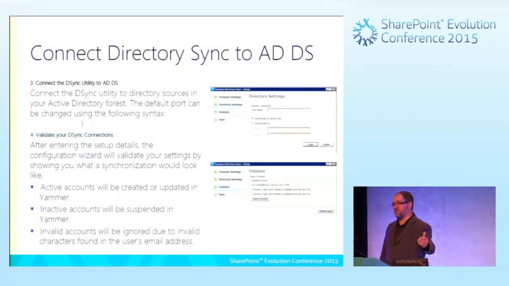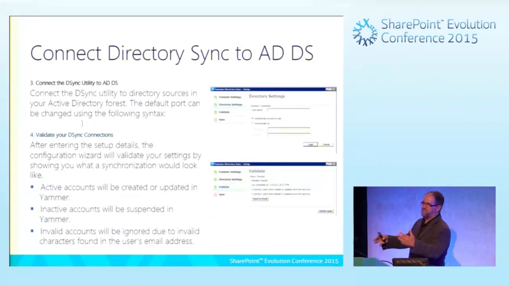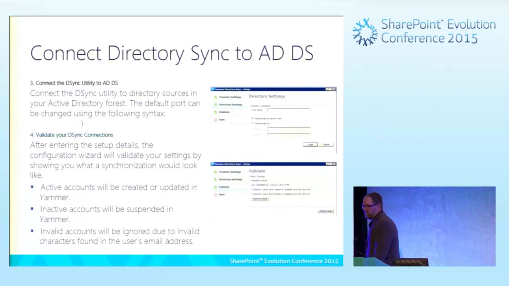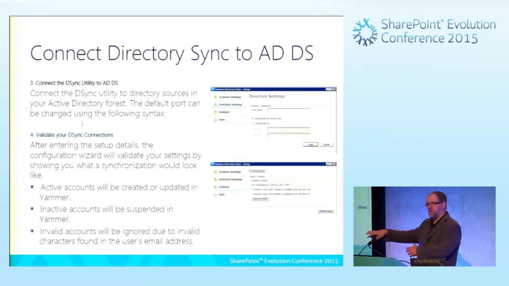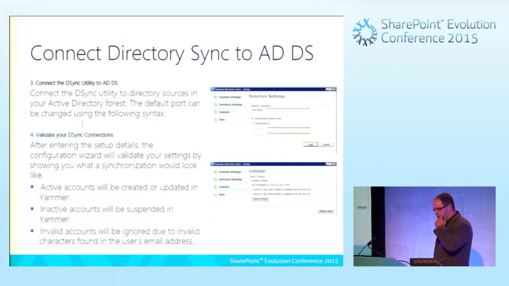It just needs to be able to read users' email and other fields that are going to be synced directly to it. So I don't necessarily recommend you do something like put a domain admin in there. It's not necessary because it's not writing changes from Yammer back into AD. This is a one-way push of information from AD up into Yammer.